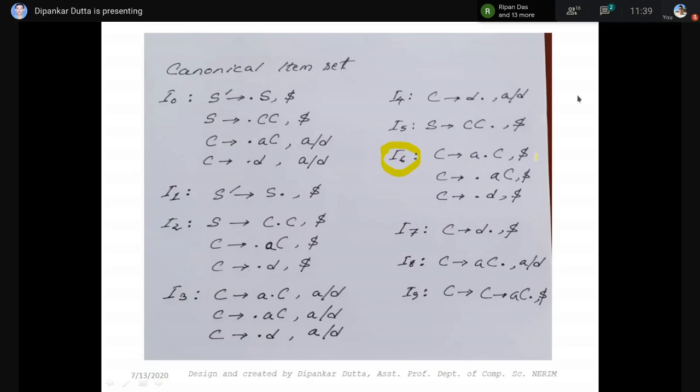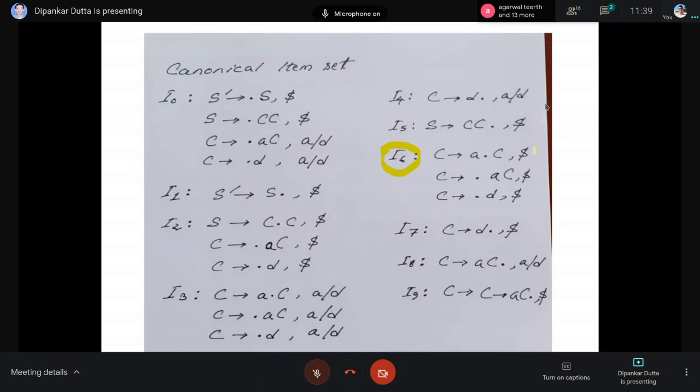Can anyone of you tell me, is AC dot dollar available anywhere? Good. In I9, see, C implies AC dot dollar is available in I9. So the transition diagram will be this one.